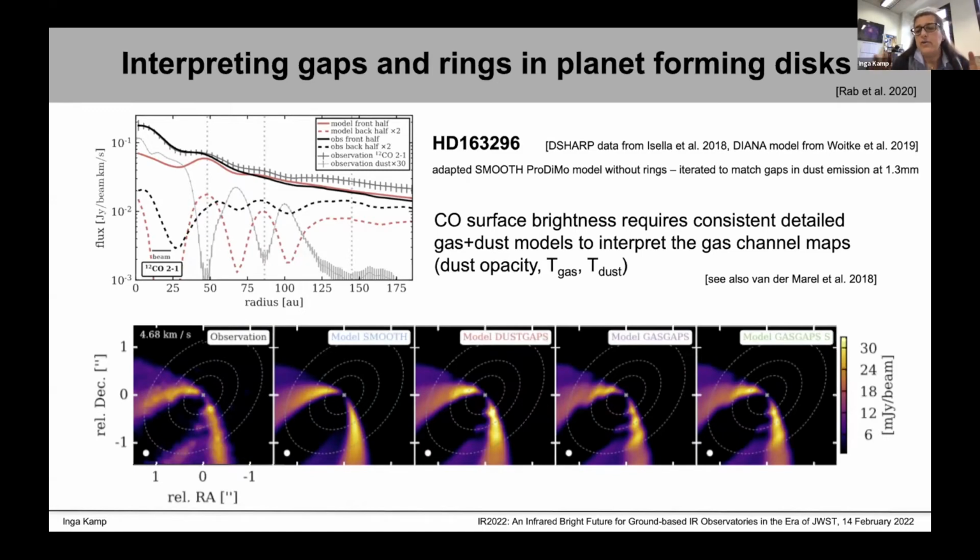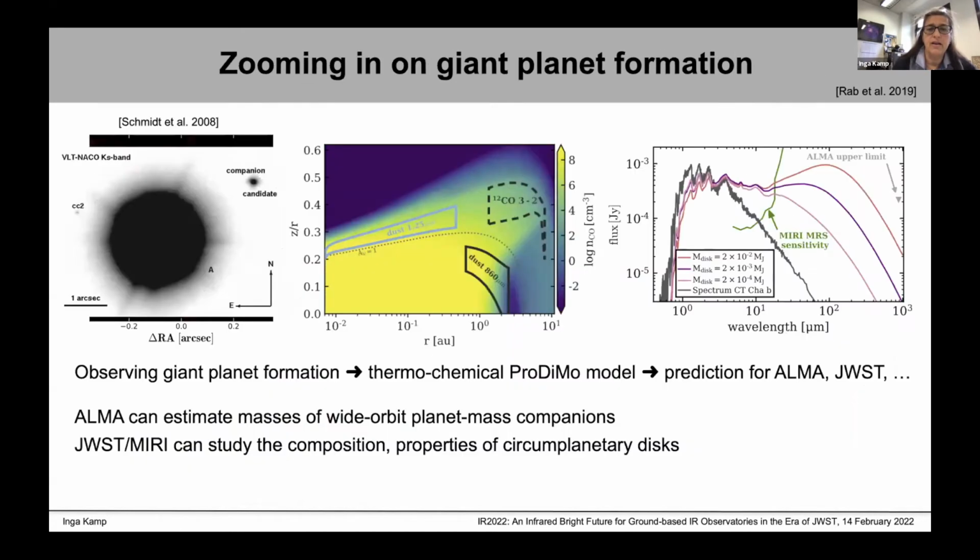So either there are no gas gaps, or maybe there are small gas gaps. But again, the bottom line is we have wonderful data, in this case from the ALMA Observatory. But it really warrants very detailed models that connect the radiative transfer plus opacities and all of this in order to come to the right conclusion.